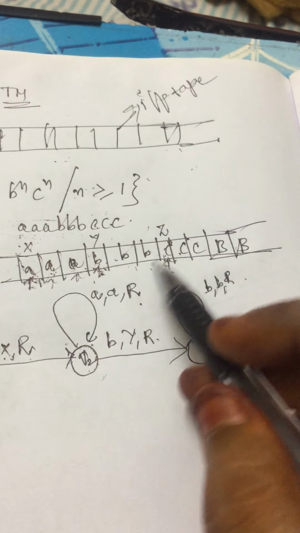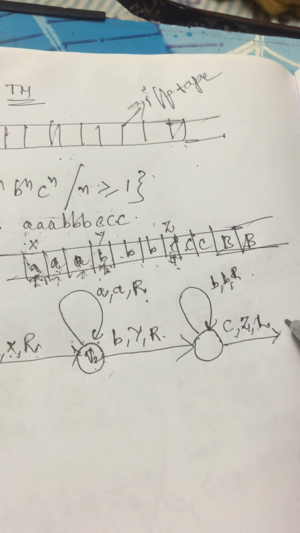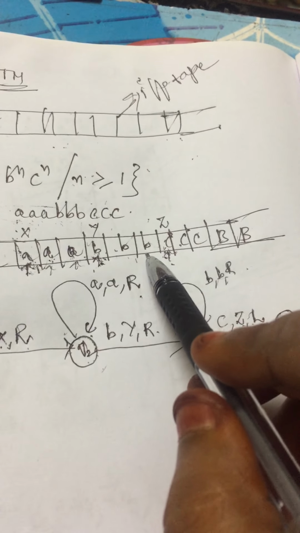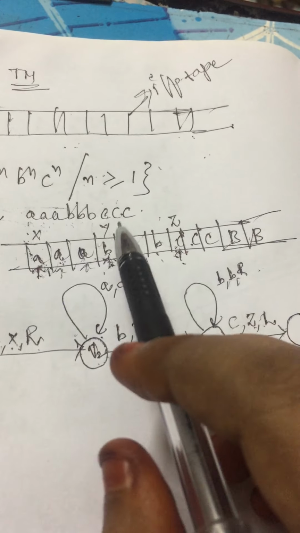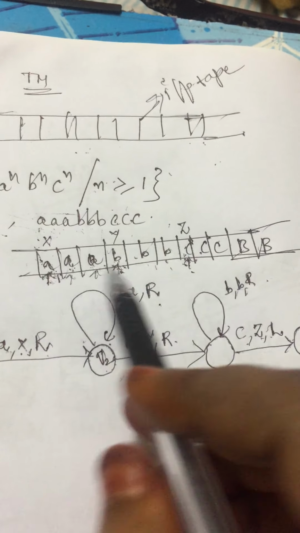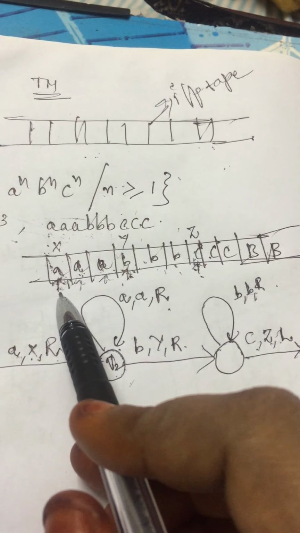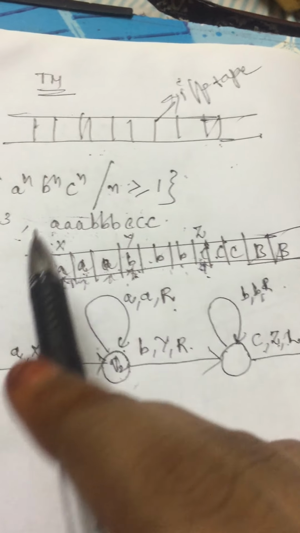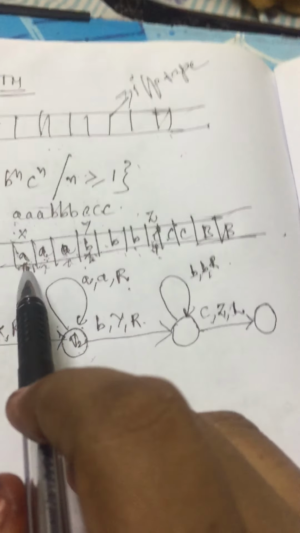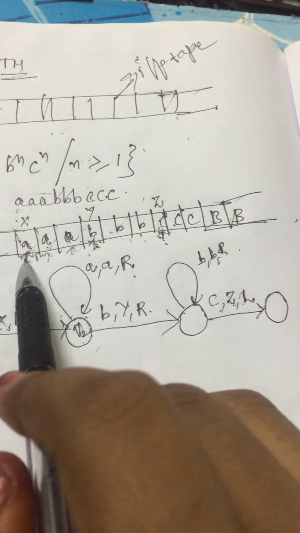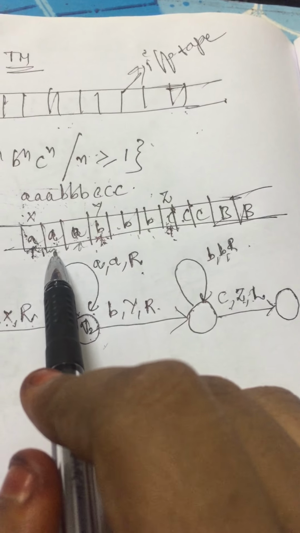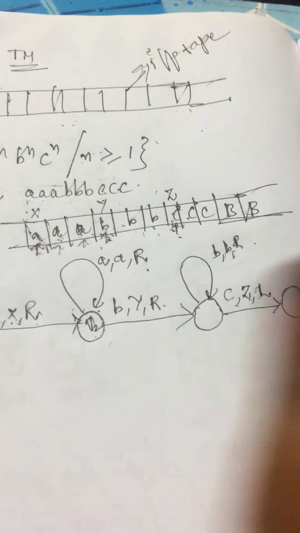When moving to the left direction, in between we are going to get B's again, Y, A's and X also. We should move to the left direction till X. Then only the finite control could identify that it should now process the A which is to the right of this X.